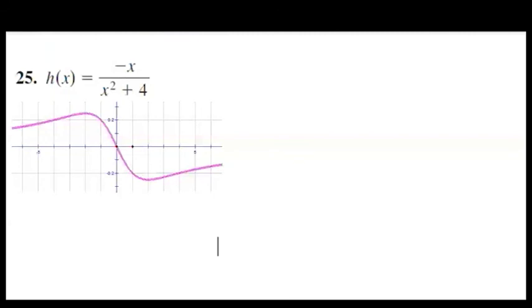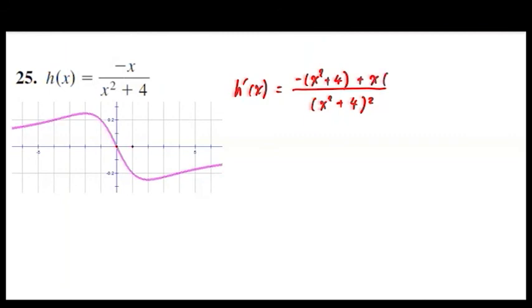Quotient rule, right? You suck it up and do it. So h prime of x is equal to the denominator squared, numerator u prime, -1 times x squared plus 4 minus negative x times the derivative, which is 2x.